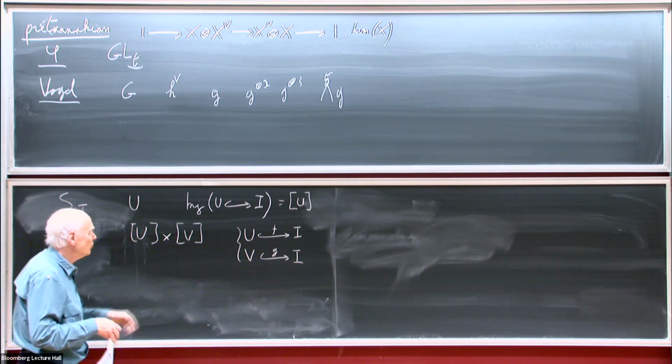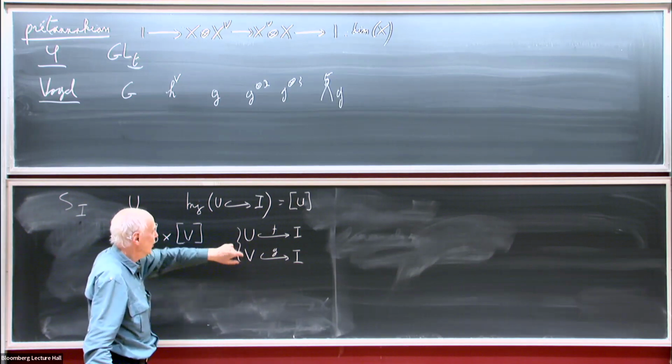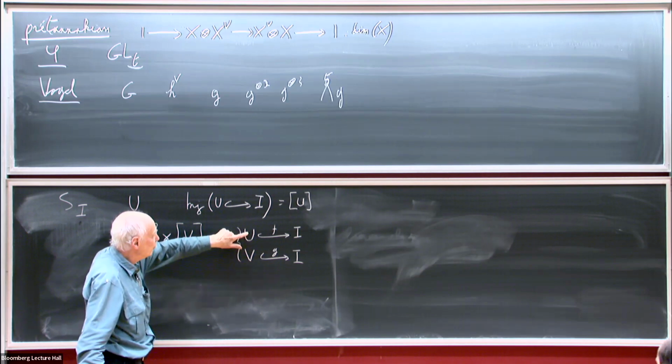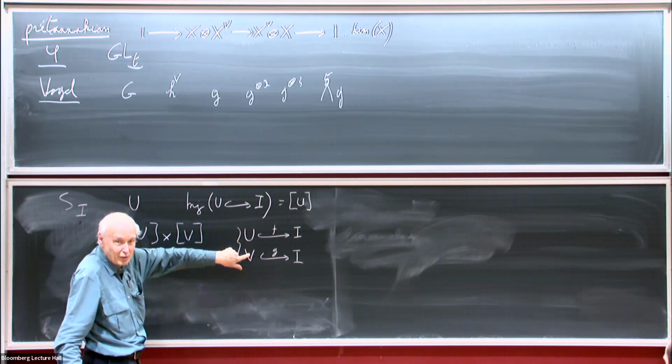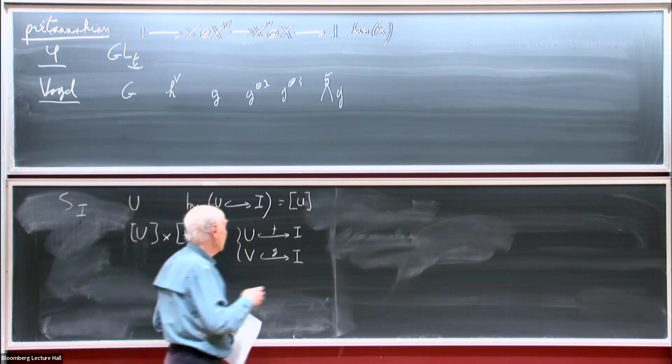And it's easy to see that it depends only on the pattern of equality you can have when some f of u is equal to some g of v.